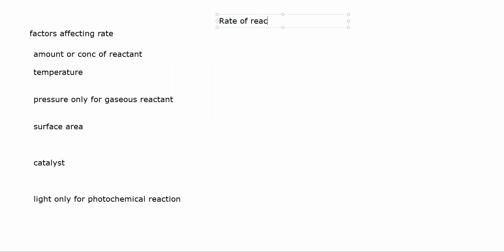Rate of reaction. First, the amount or concentration of reactant. The first factor which affects the speed or the rate of reaction is amount or concentration of the reactant.